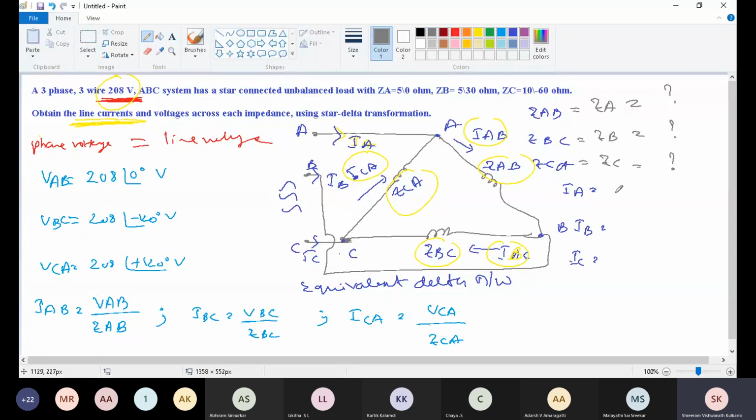Here IA is equal to IAB minus ICA. Then IB is IBC minus IAB, because it is opposite, it is leaving.